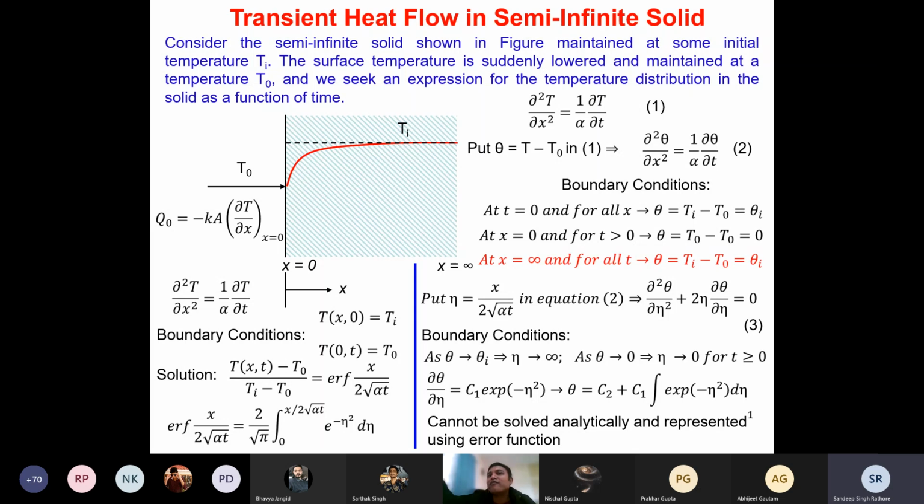There you will see the Couette flow between two parallel plates, isn't it? One plate is moving with velocity v and another plate is at velocity 0. How will my velocity profile vary? Remember, that was the problem you might have seen, isn't it? Yes, sir. So just look at that particular example again. You will appreciate what we are trying to say now.